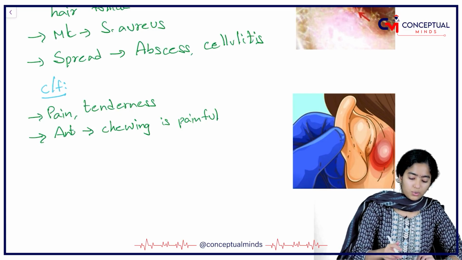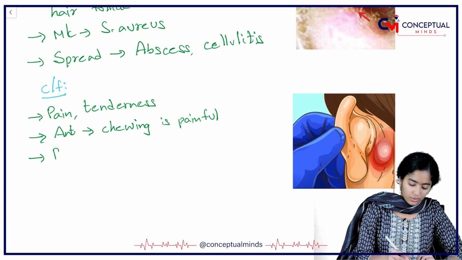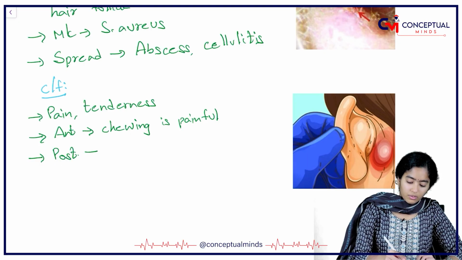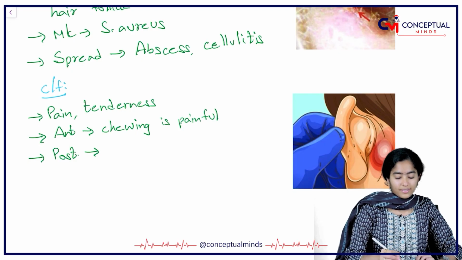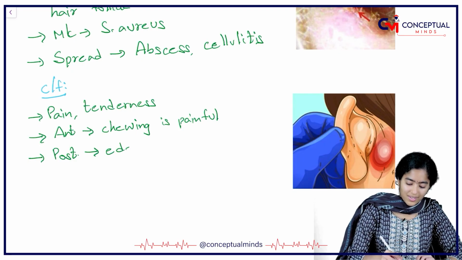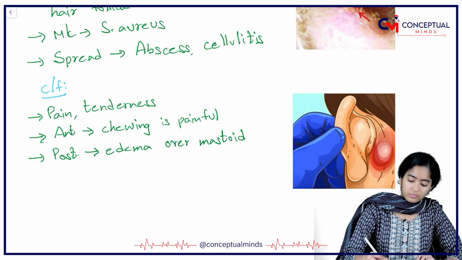If the furuncle is situated on the posterior meatal wall, towards the mastoid, then that can cause edema over the mastoid region.